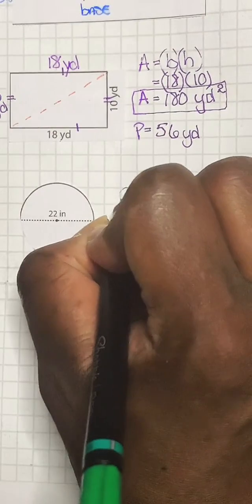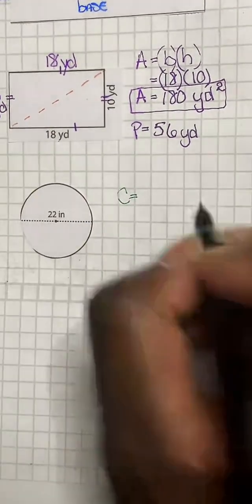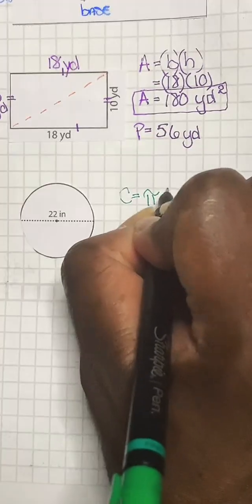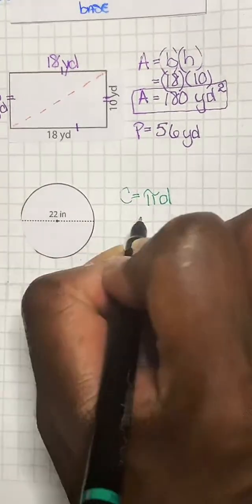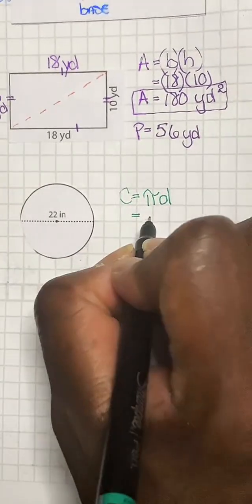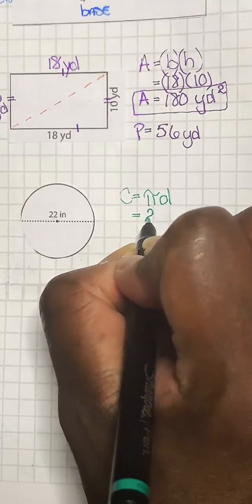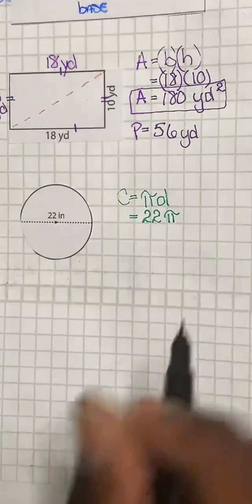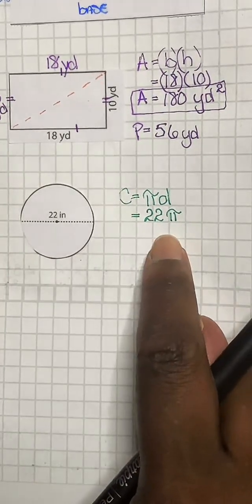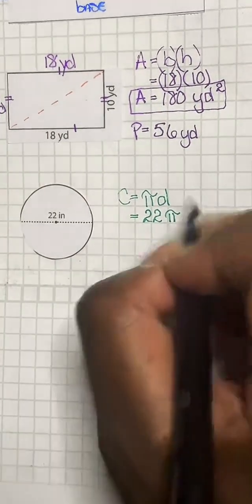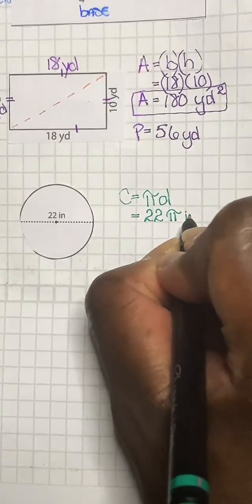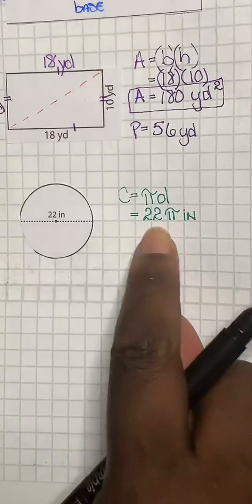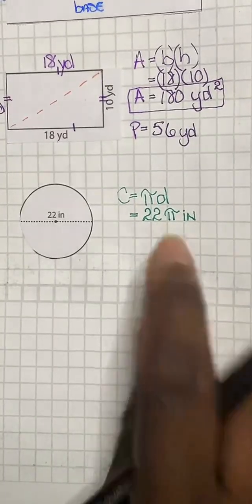Now, since they're giving us the diameter, the circumference is your pi times your diameter. So all we have to do is put our diameter and put pi next to it. This is the exact answer. And since they got the units, it'll just be inches.